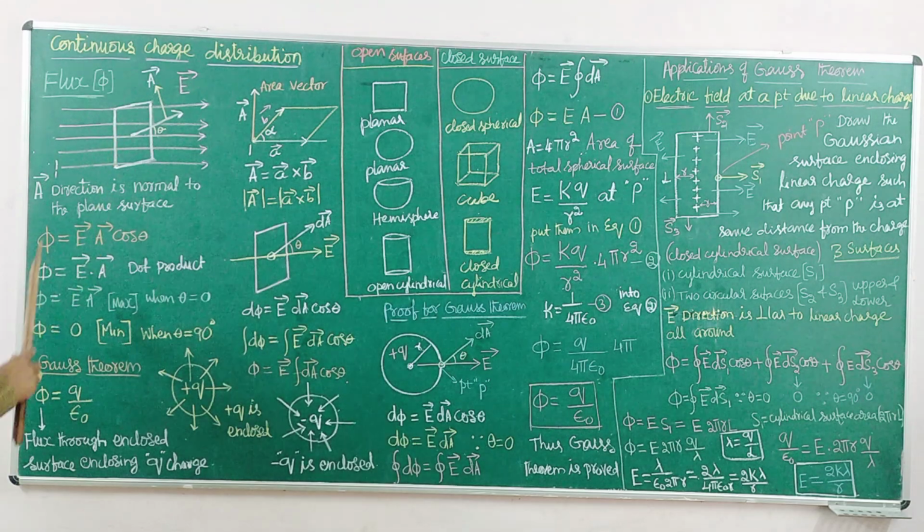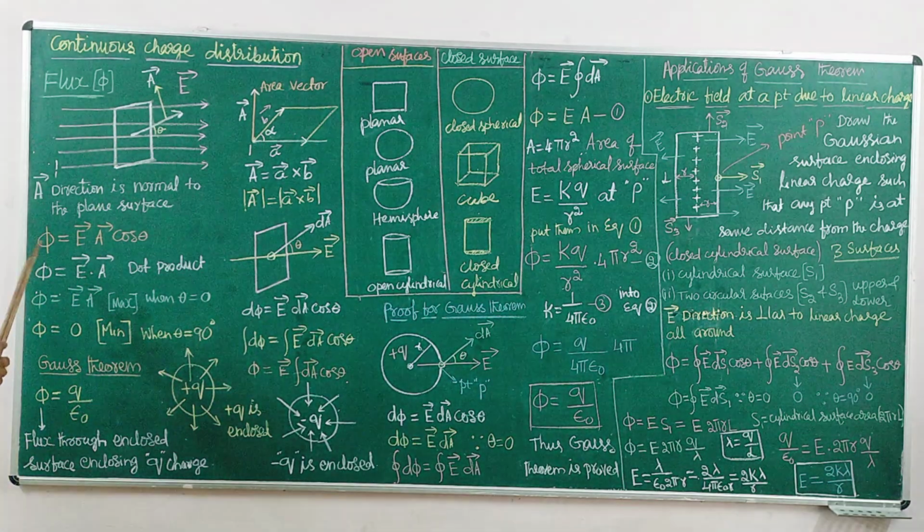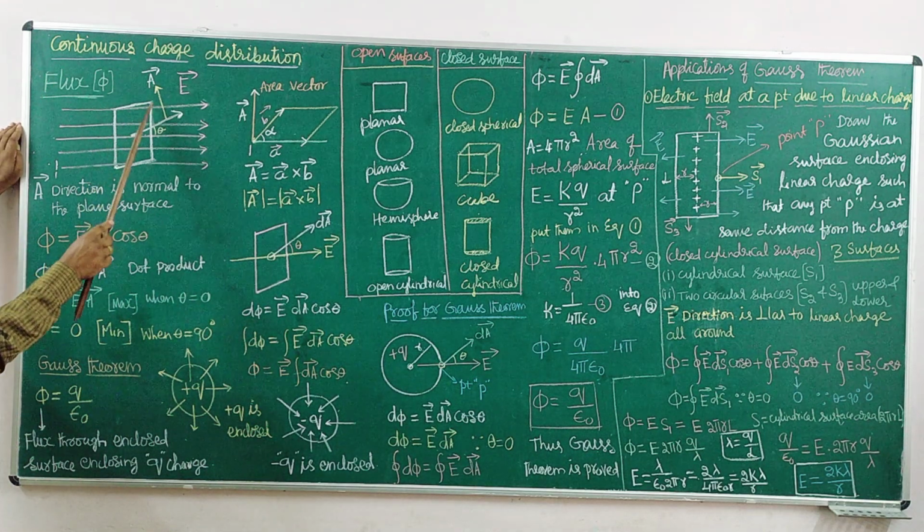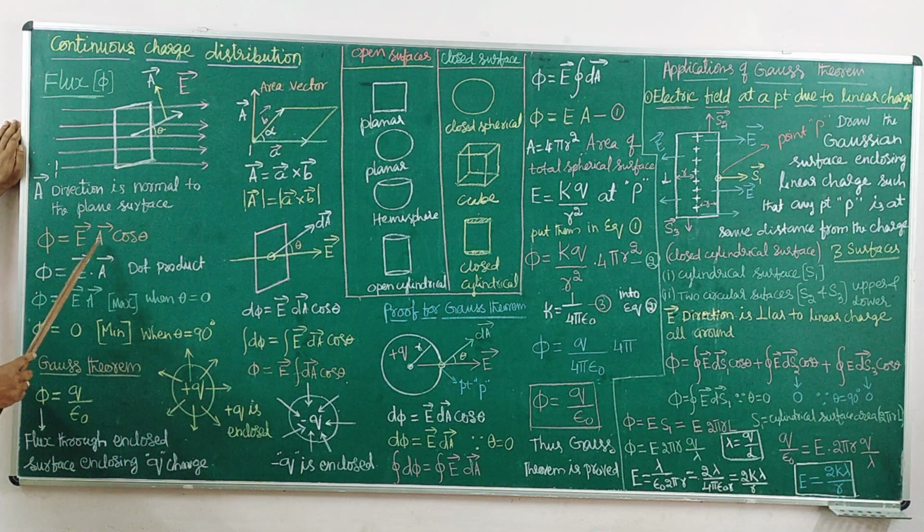Now let us come back to the mathematical representation of electric flux. Eta is equal to E, the magnitude of the electric field, A, the magnitude of the area, into cos theta. What is theta?